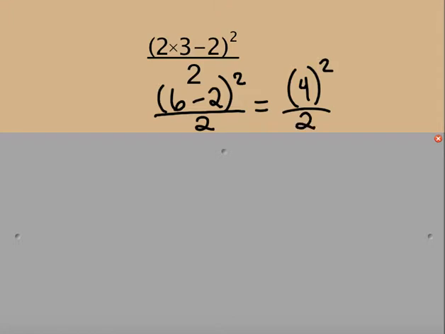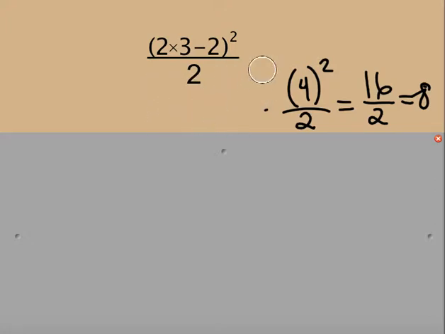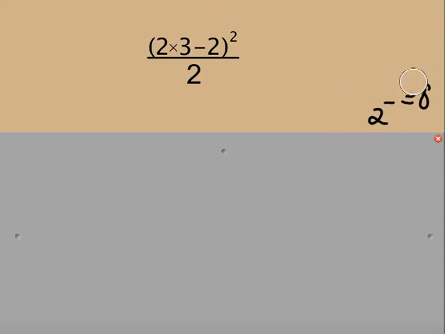Well, we can't do the division first because we need to square first. So we get 16 divided by 2, which is 8. All right, parentheses, exponents, multiplication, division, addition, subtraction. Do it in order and you'll be just fine.